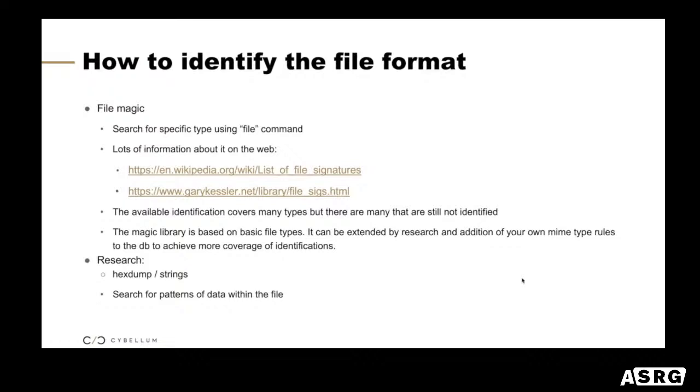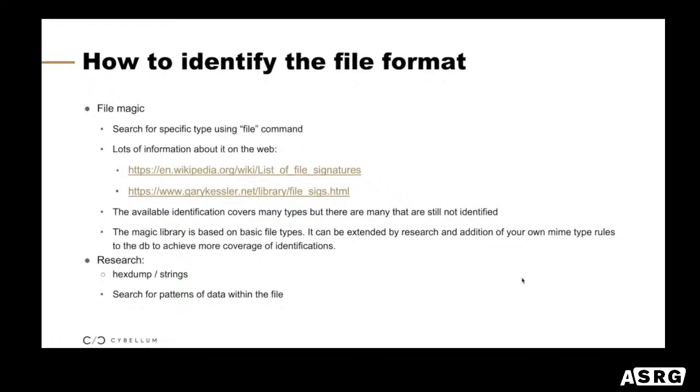So how do you identify the file format? Files have file magic. You can identify them using the file command that covers quite a lot of known signatures. If it's one of the known formats, there's a lot of information on the web on file formats and file signatures, just highlighting two websites that cover some of these identifiers.